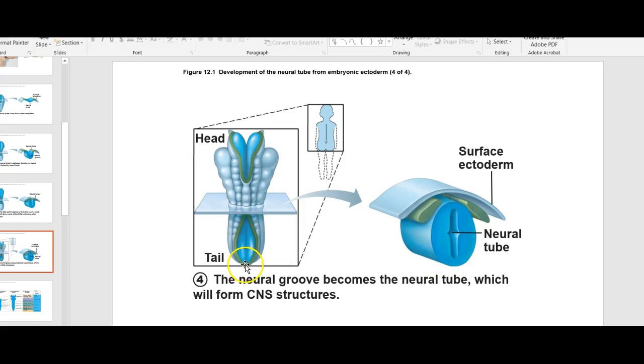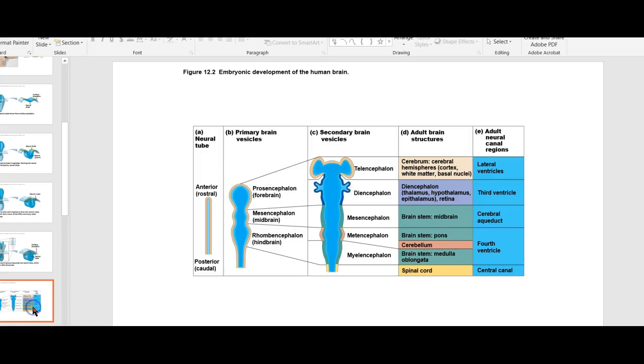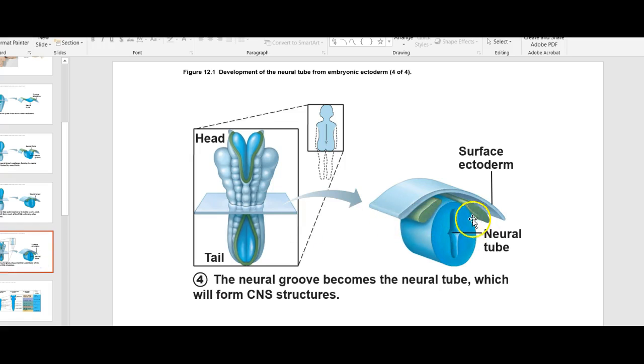This is going to zip all the way down, and that's going to zip all the way up. If it doesn't zip all the way up, you get anencephaly, which is where you're missing higher brain centers. And if it doesn't zip all the way down, that I believe is spina bifida. So your whole central nervous system starts off as a tube, this neural tube, which runs the length of what is going to become you.